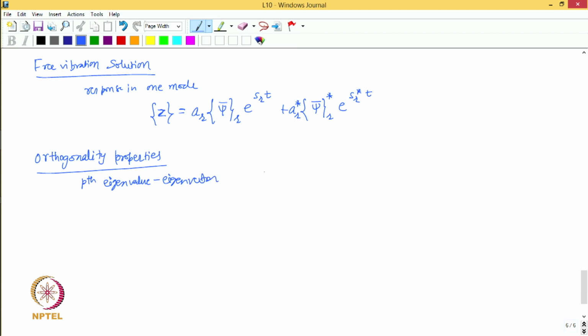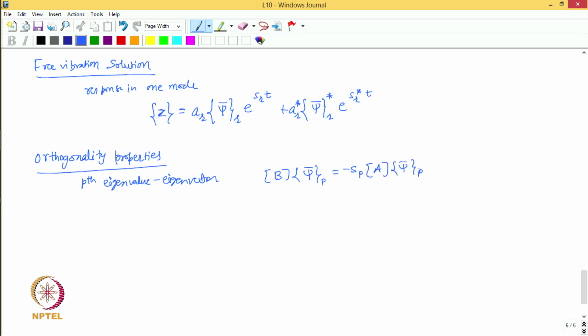We had the eigenvalue problem as B psi bar p equal to minus S_p A psi bar p.